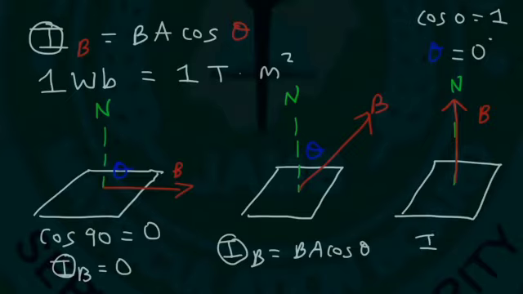So the flux is simply equal to B times A. The flux is greatest when the magnetic field is parallel to the normal line, or when it's perpendicular to the face of the coil. That's when you're going to have the maximum flux. And it's at a minimum if the magnetic field is parallel to the face of the coil.